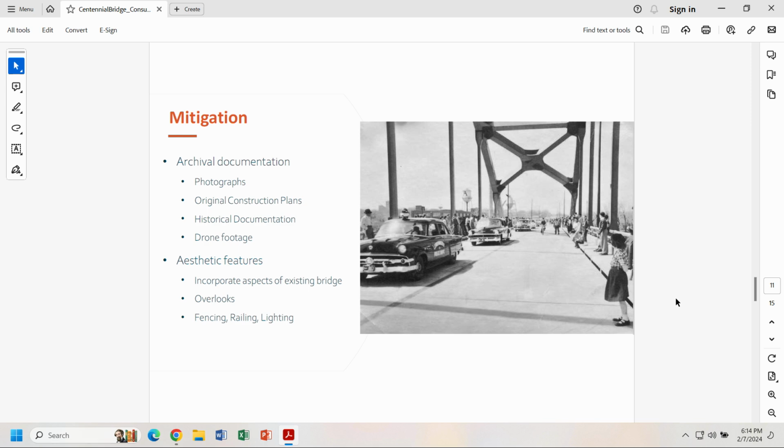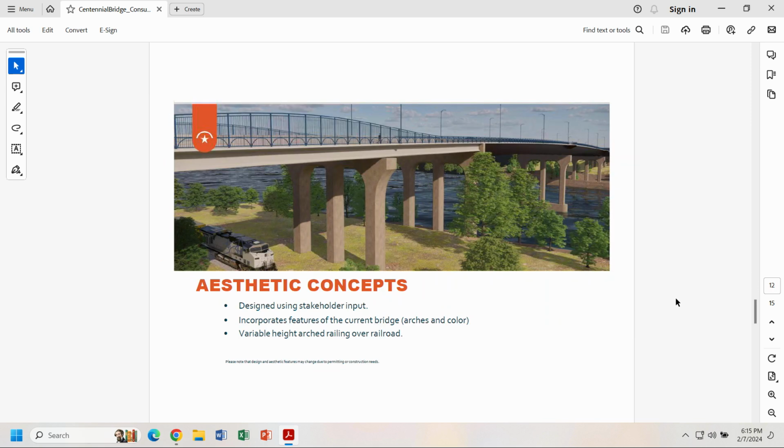The other thing that we've been talking about is aesthetic features on the new bridge that incorporate aspects of the existing bridge. And so I'll show you some images that we've had. We have some artist renderings of what those look like. And so all of these aesthetic concepts were presented to the public in that August meeting as well as the previous February meeting.